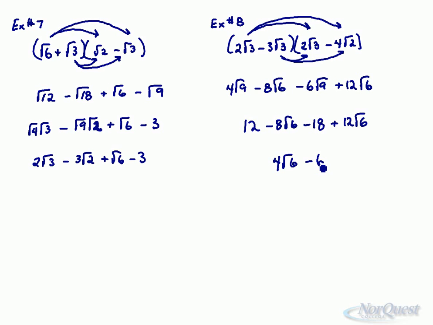Now, what we're going to look at in example 9 are some very special binomials, which we call conjugates. Just like you had conjugates with polynomials, we can have conjugates with binomials. And what is a conjugate? Well, a conjugate is where you have identical binomials with opposite signs.